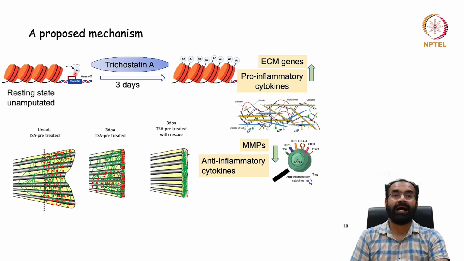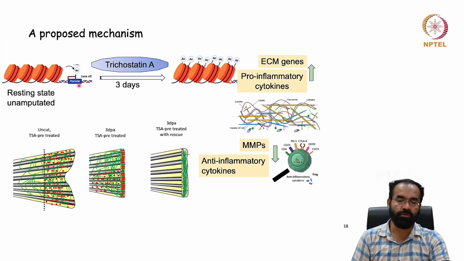You can see histone acetylation in certain residues. When histones are acetylated, a set of genes will be turned on, and a set of genes which are off will not have any great role. So the homeostasis is maintained.